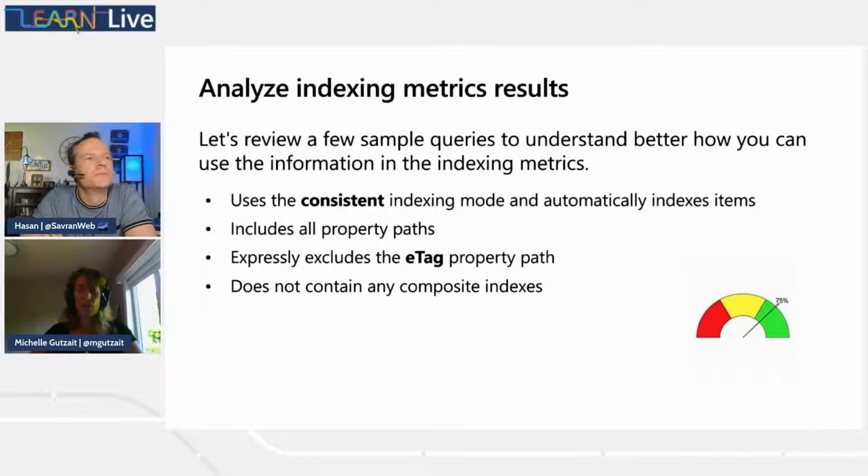It includes all the paths, always excludes the e tag property of the document, and does not contain any composite key indexes. So this is a summary of what we have discussed. If you need to modify the default, then you have to do so.